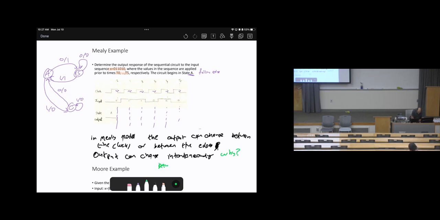Because the outputs are a function of both states and inputs. So just keep in mind that the outputs might change during the interval. You don't need to wait until the next updates.